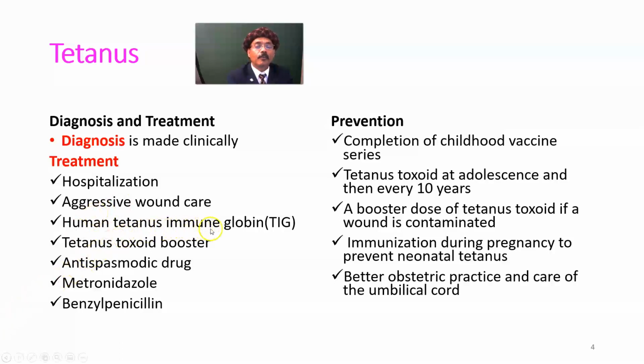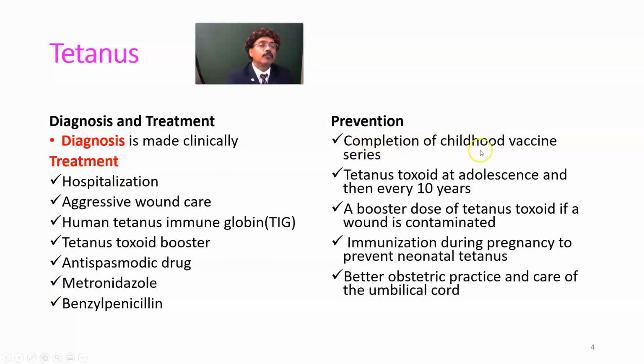Human tetanus immunoglobulin, tetanus toxoid booster, anti-spasmodic drugs like hyoscine butylbromide, and metronidazole, especially because this is an anaerobic condition, so metronidazole will work well. Also, we may need benzyl penicillin.